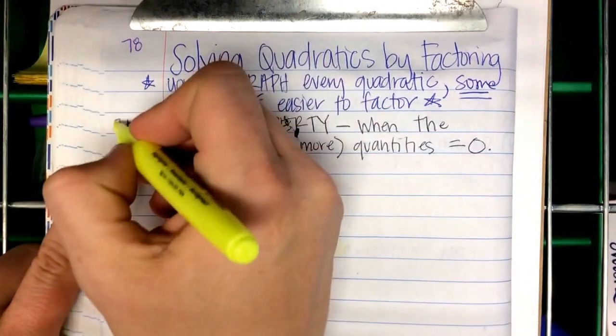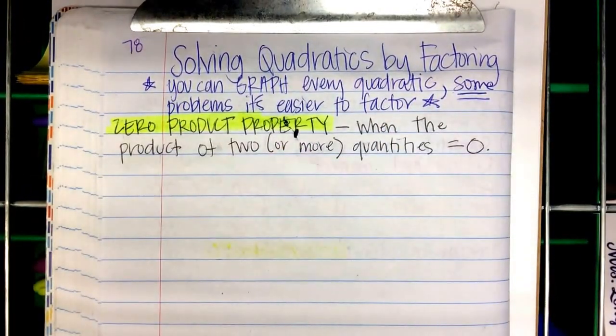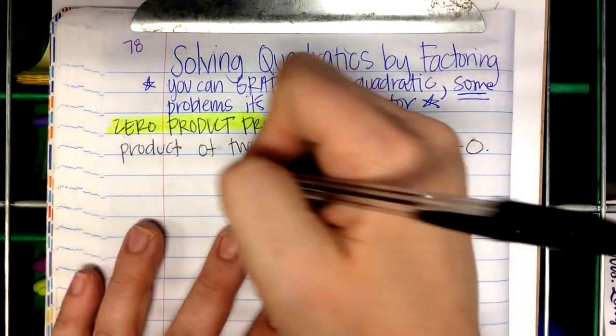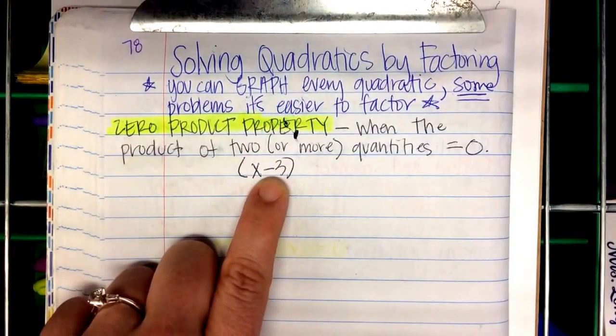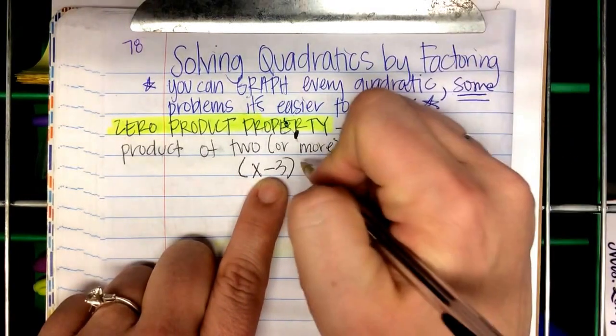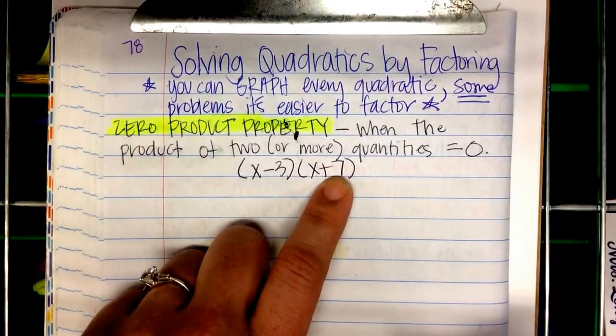All right. So here's what it's going to look like today. x minus 3, that's one quantity, times x plus 7, that's another quantity.